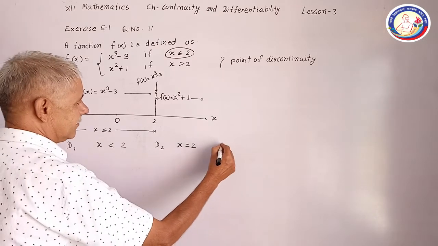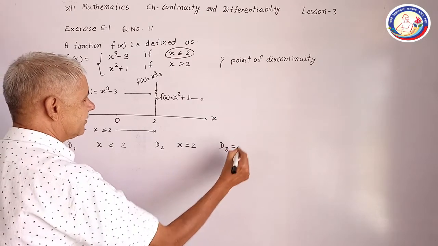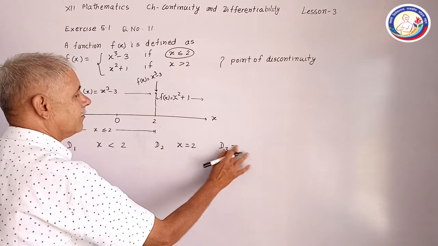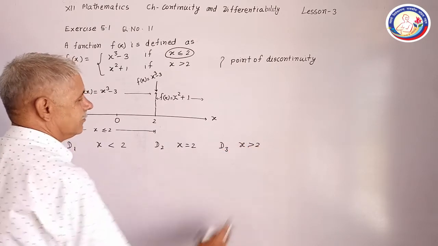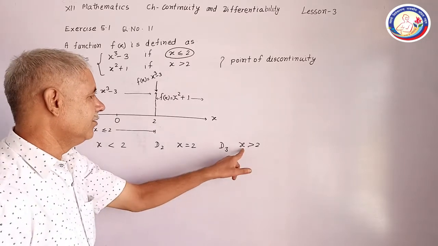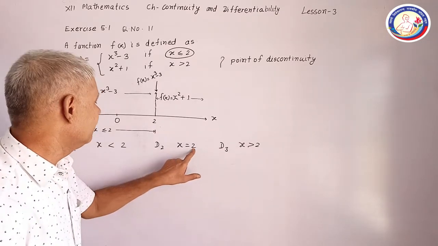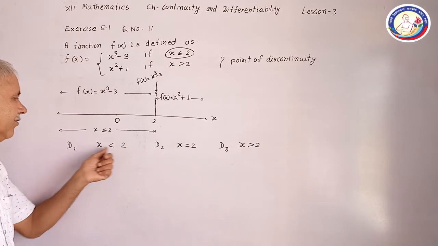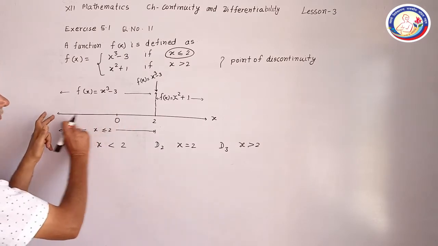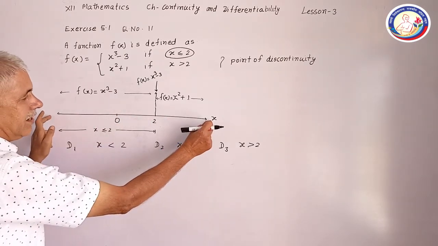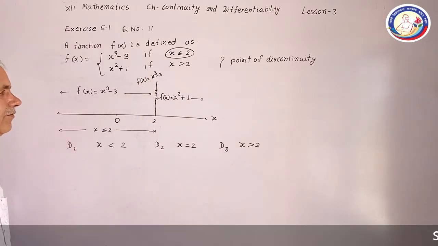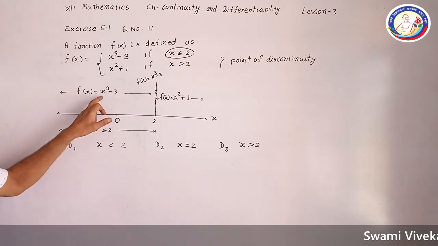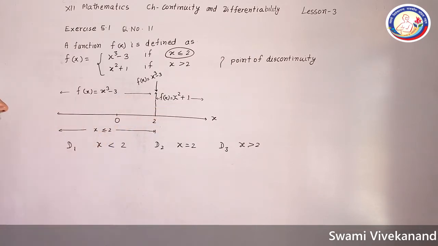And third, d3, where x is greater than 2. This is the diagram which helps us in deciding which definition of the function, or which value of the function, we will consider.